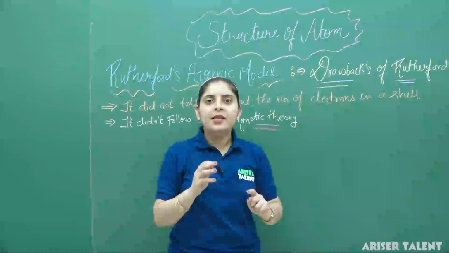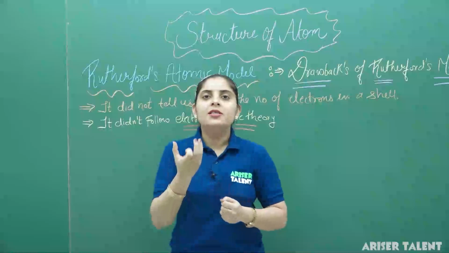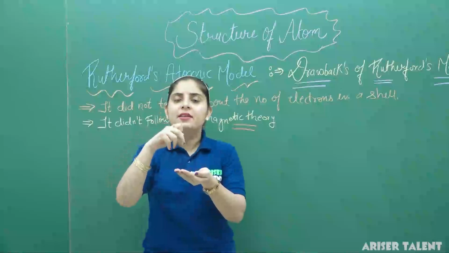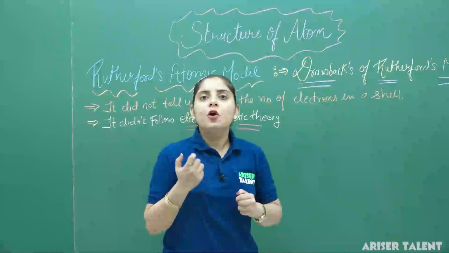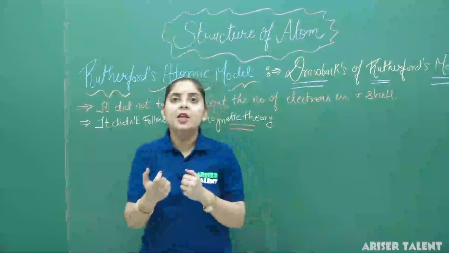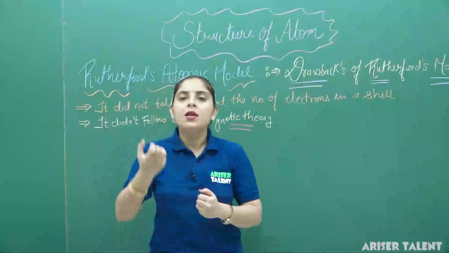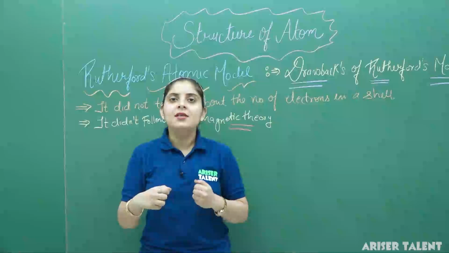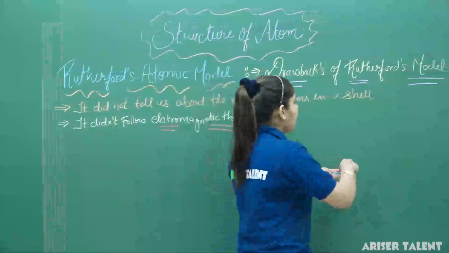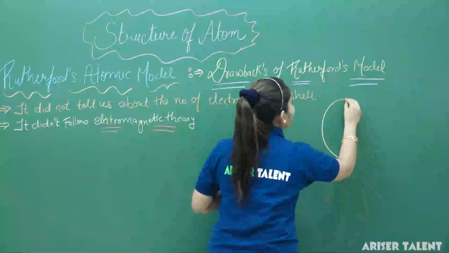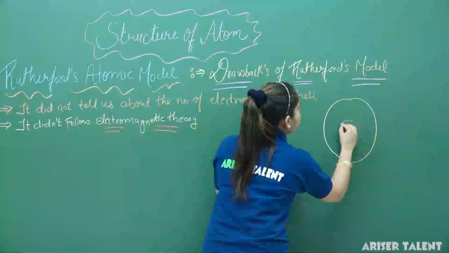According to the electromagnetic theory, if something revolves around a certain charge, suppose we have a positive charge concentrated at the center of the atom and an electron revolving around the nucleus, there is a continuous emission of radiation from the particle, and the speed of the electron will slow down and the electron will fall into the nucleus. But this does not happen, and the theory is discarded.